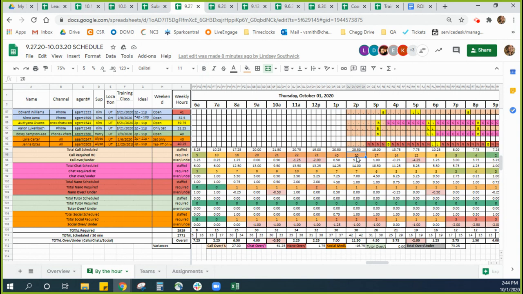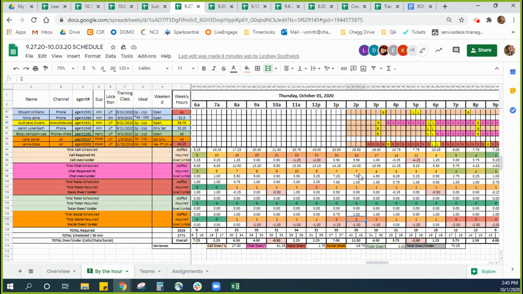So we need 20 on calls, 7 on chats, 1 on nano, and 2 in social. As someone who's managing agent states right now, I would check: do I have what I'm required to have? And if not, what adjustments do I need to make to match these goals?